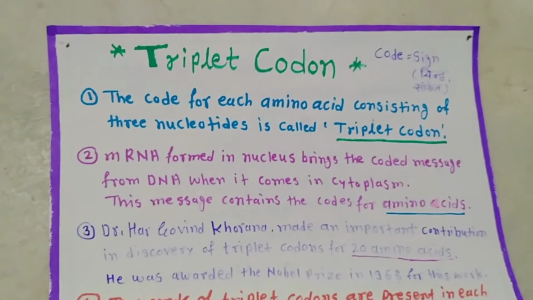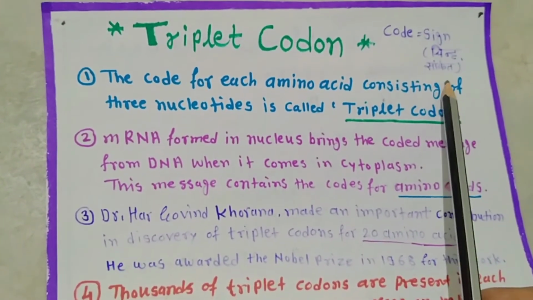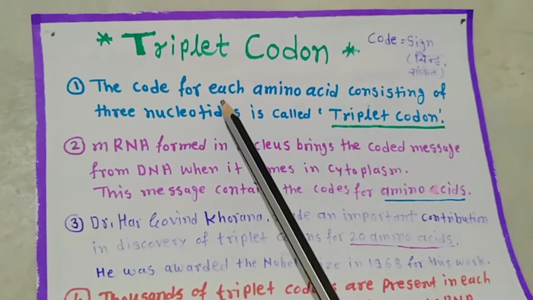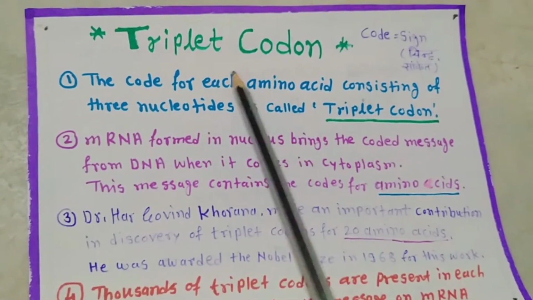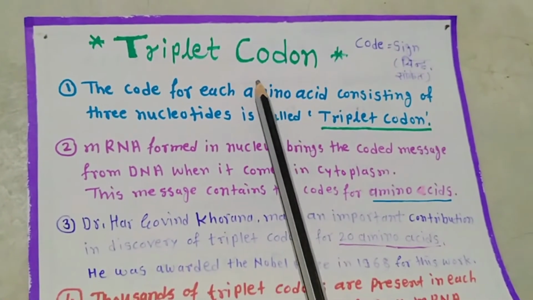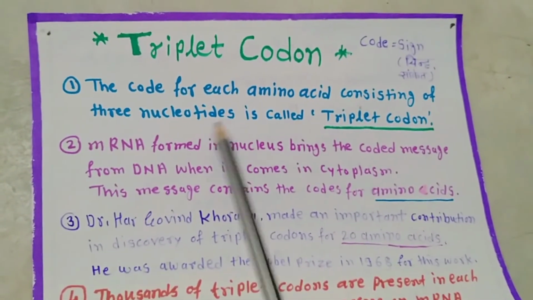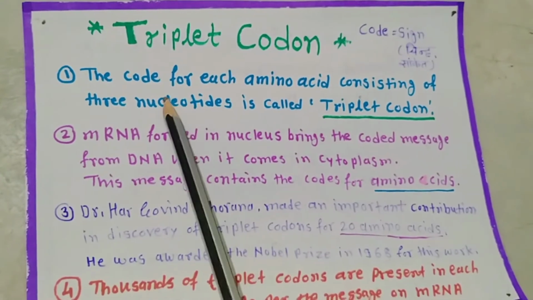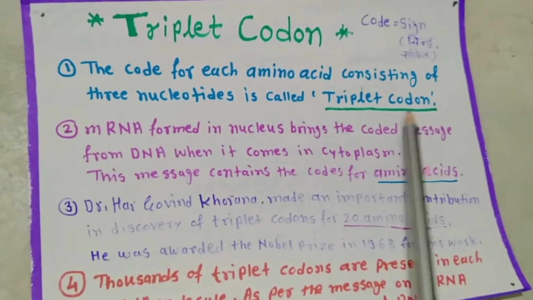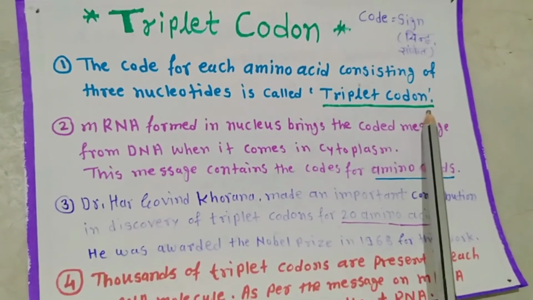What does it mean? Code means sign. In our body, the codon language is completed with 3 nucleotides, so it is called the triplet codon. The code for each amino acid consisting of 3 nucleotides is called triplet codon.